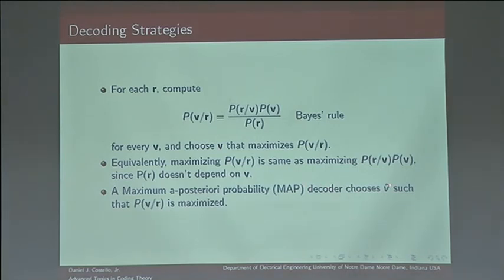The decoder chooses V hat, whichever is the code word which maximizes this, which is just the numerator here, P of R given V times P of V. So if we can compute this for every code word, then we can get our decoding rule which minimizes probability of error.